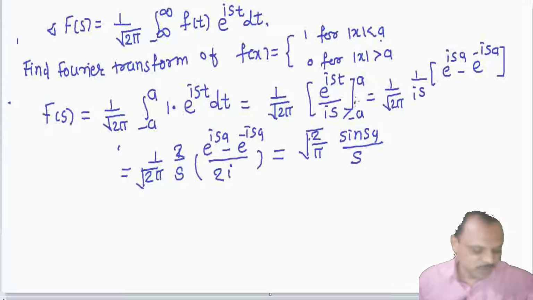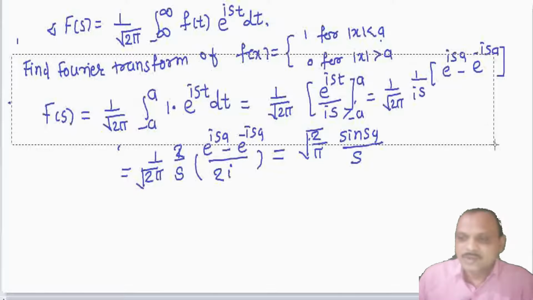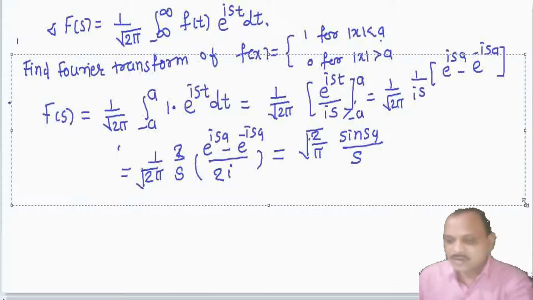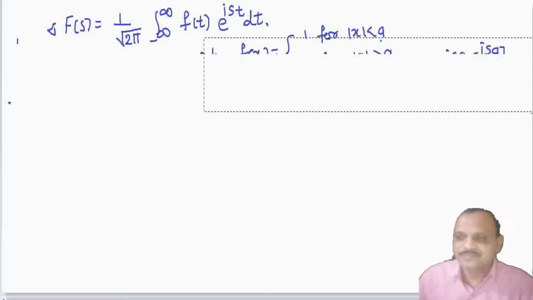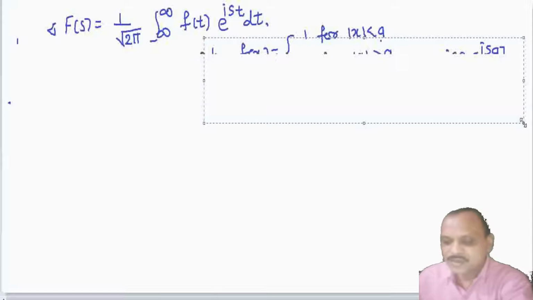So let us see one more example of Fourier transform, how to find a Fourier transform. Remember, this is a simple formula of a Fourier transform, F of s equal to, which we have derived from the Fourier complex integral.